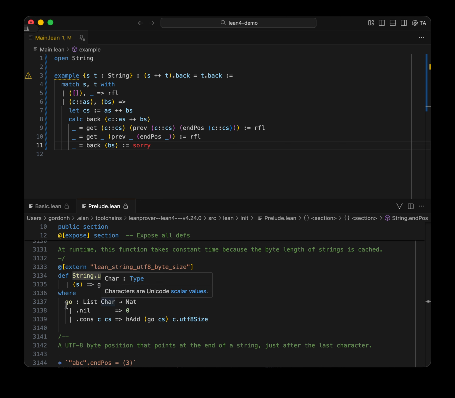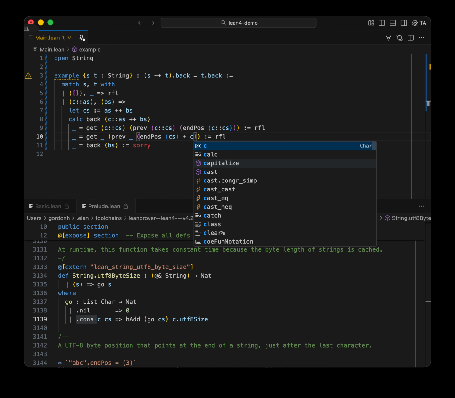Okay, it reduces to a call on the data list, the character list. In this case, we're in the cons arm, so it should reduce to endPos CS plus c.